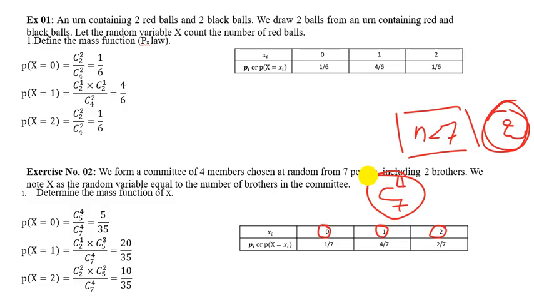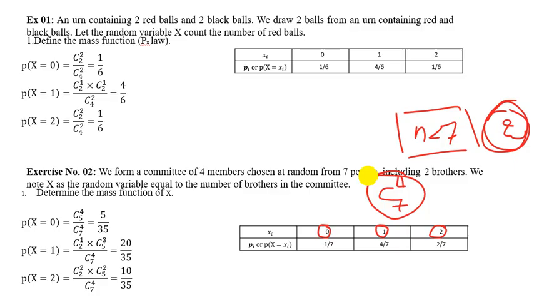Because we cannot take the same person twice, so repetition is not allowed, and the order doesn't matter. The one I choose first, second, or third doesn't matter, since they all have the same job to do within this committee. This is why it's a combination.